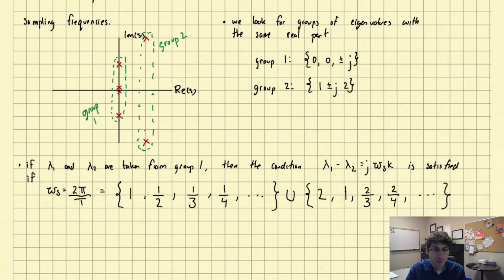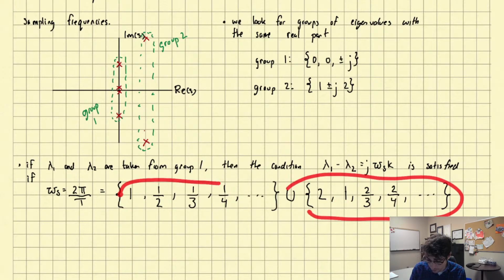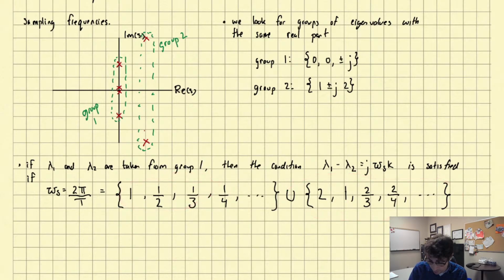Now there's some redundancy here, right? You see that 1 shows up here, it also shows up here. So in fact, this set over here contains all of these as a subset. So this just equals 2 over k, k greater or equal to 1. So in other words, if we choose omega s from that set, then this condition can be satisfied for a particular choice of k.